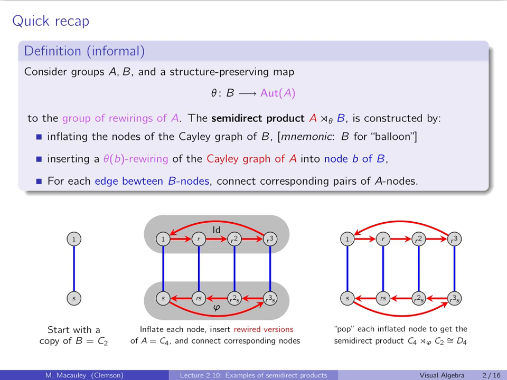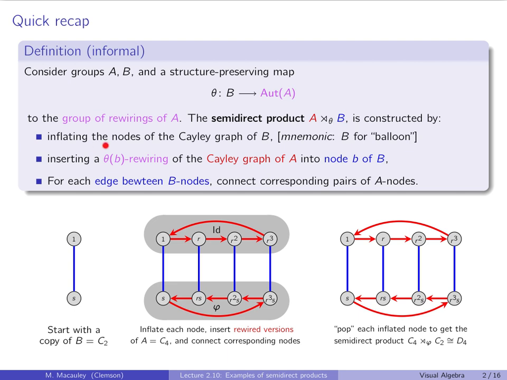So consider groups A and B and a structure-preserving map from B to the automorphism group of A. This is the set of rewirings. We call this the labeling map because we're labeling each node in B with what rewiring we are going to stick in it. The semidirect product of A and B with respect to this map is constructed as follows.